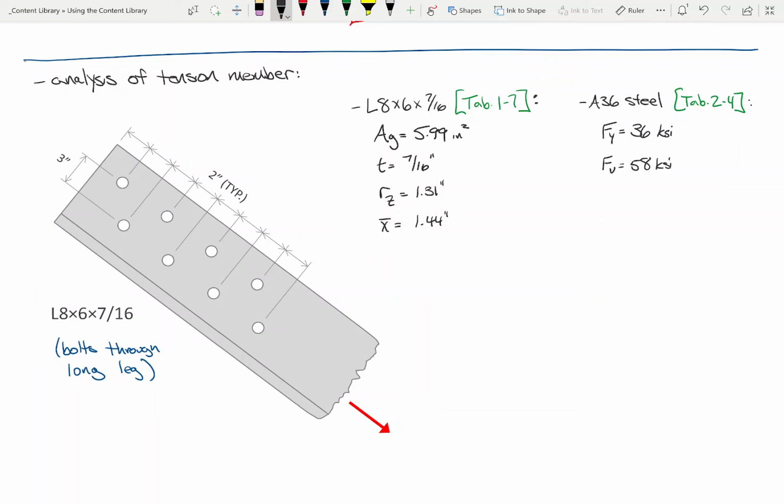Let's look at the connection properties. First off, I know this, and so what does that tell me? Right, so if I know the bolt diameter, I know the effective hole diameter by just adding an 8th.